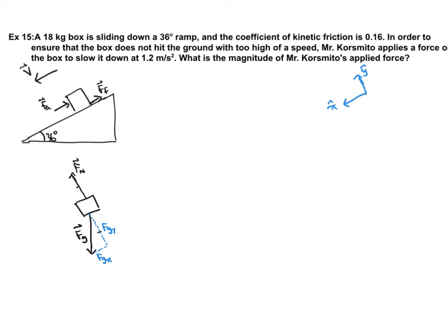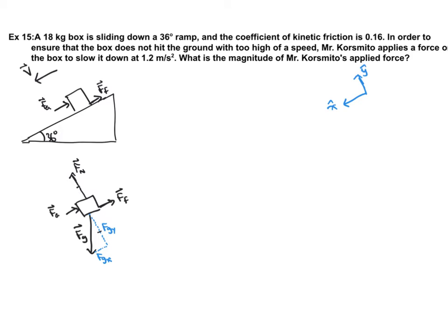Okay, and then the other two forces I talked about in the above diagram, so applied force and frictional force, both of them pointing up the ramp or in the negative x direction. And the box is slowing down, so the forces are not balanced. There is an acceleration there.